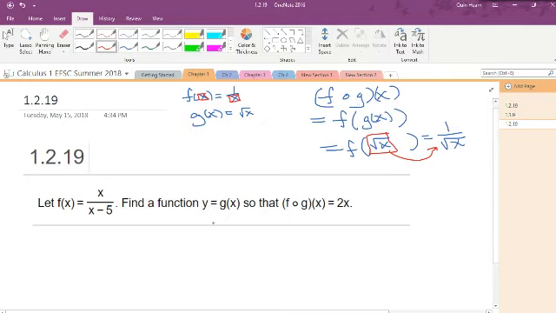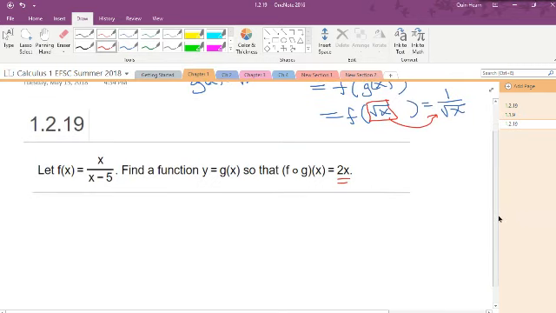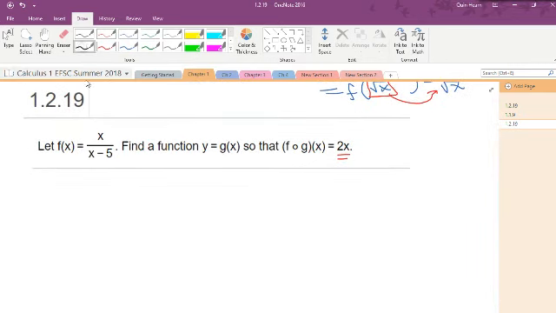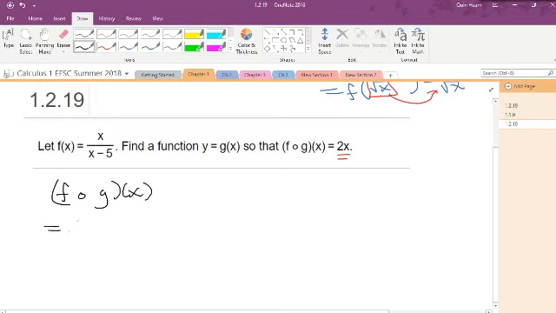Okay, all right, so notice how we took two completely different functions and we combined them by using composition. But what they're asking us here is to find what g of x we would plug into this f of x in order to end up with a 2x in the end. All right, so what I'm going to do is write down an f composed with g of x and immediately change it to that other notation, f of g of x.